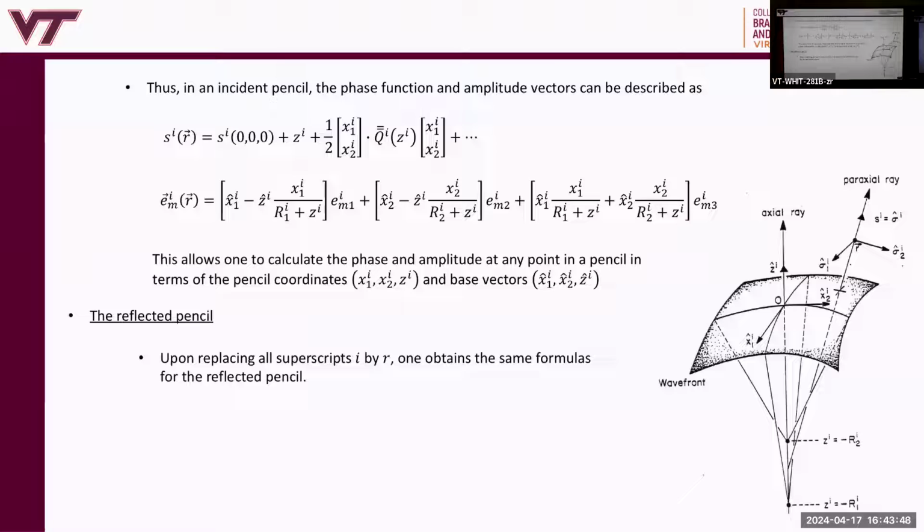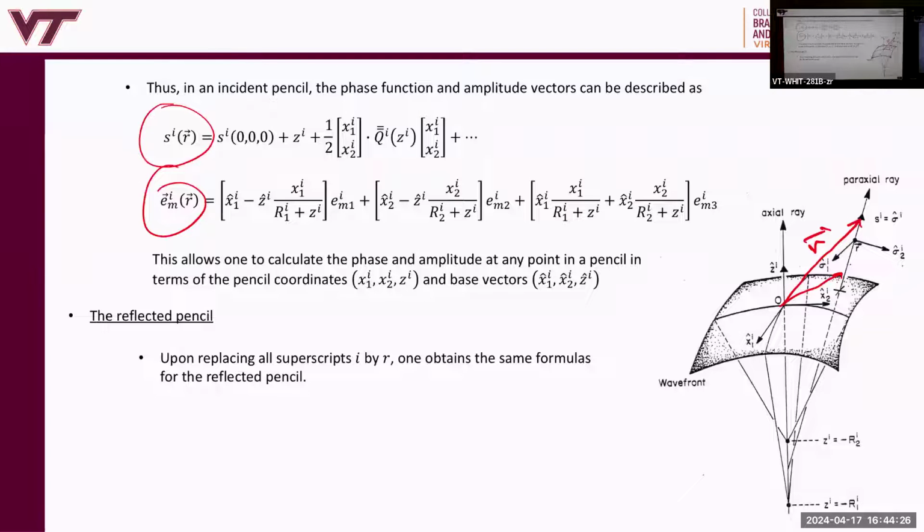Okay, reflected pencil. So these formulas allow you to calculate the phase and amplitude at any point in a pencil in terms of the pencil coordinates and the base vectors. So in terms of this coordinate system, any point in this pencil on this part of the axial ray, or this point of the paraxial ray, we can define the electric field and the phase function, right?